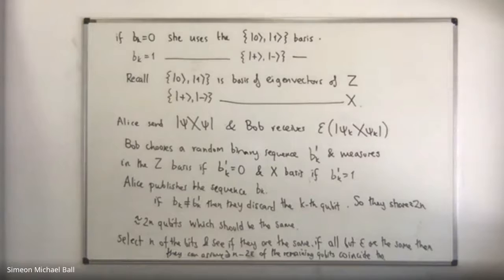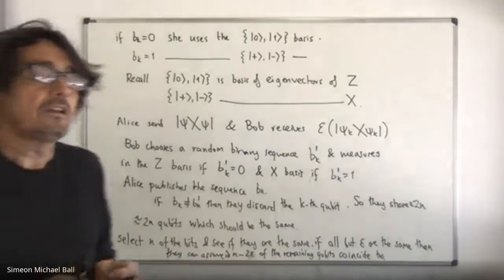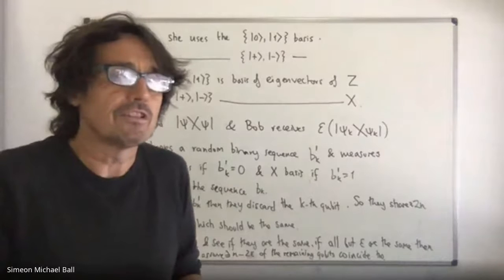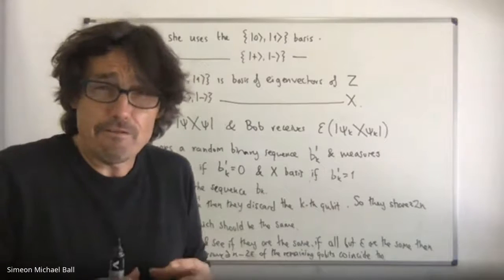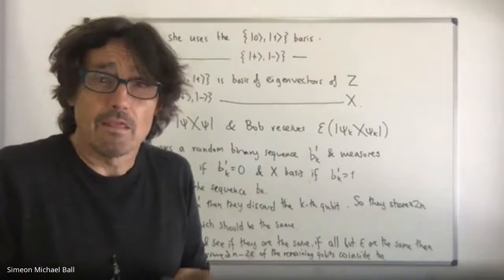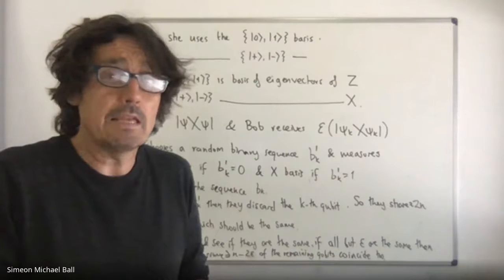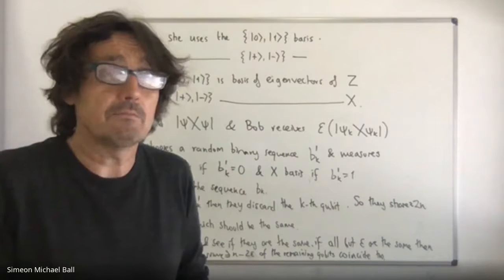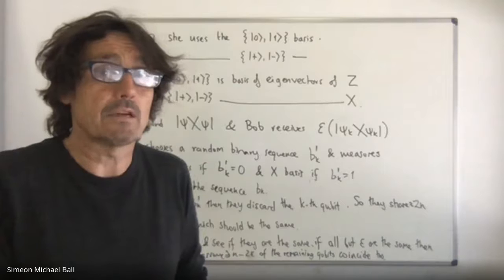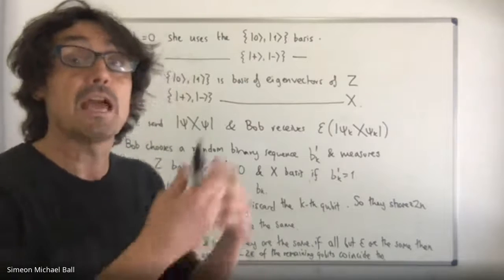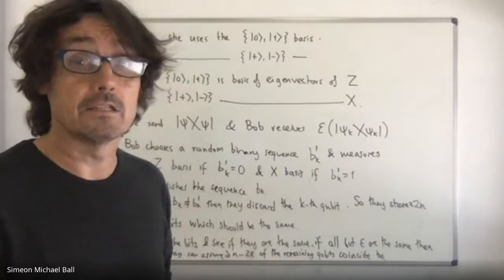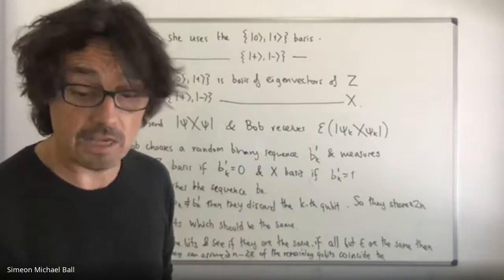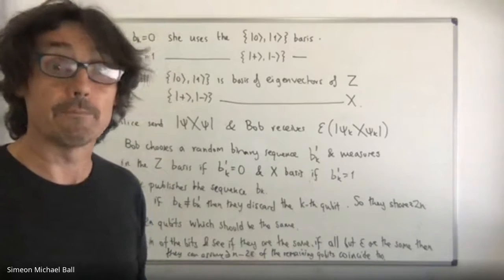So they select n of the bits, and if only very, very few of those are different, then probably Eve hasn't been messing about with the communication. And the ones that we haven't publicly compared are going to be the same, all but very few of them.